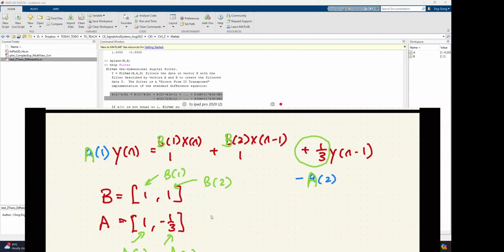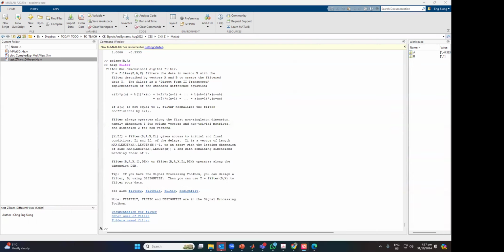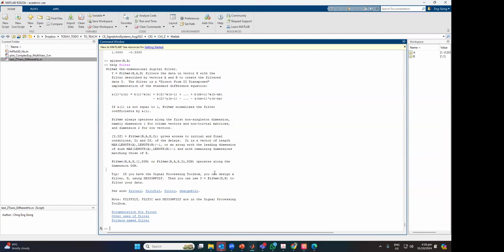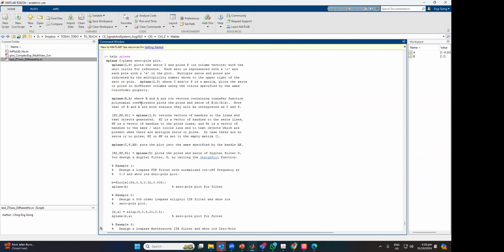Does the z plane function also work for positive powers of z? No, you see, guys, you must be very careful. The whole notation is in negative powers of z. Help z plane. The b's and a's are the transfer function coefficients.